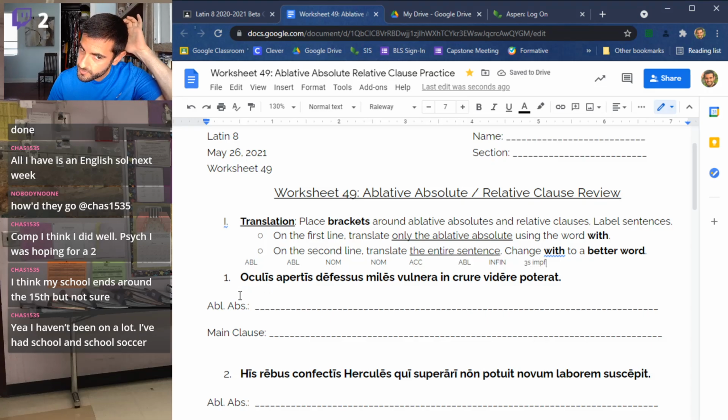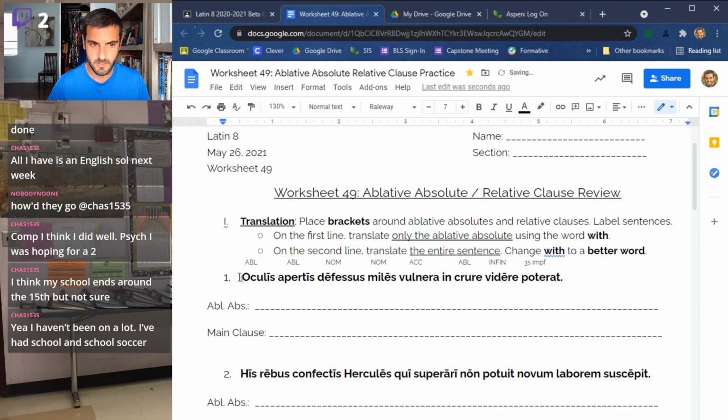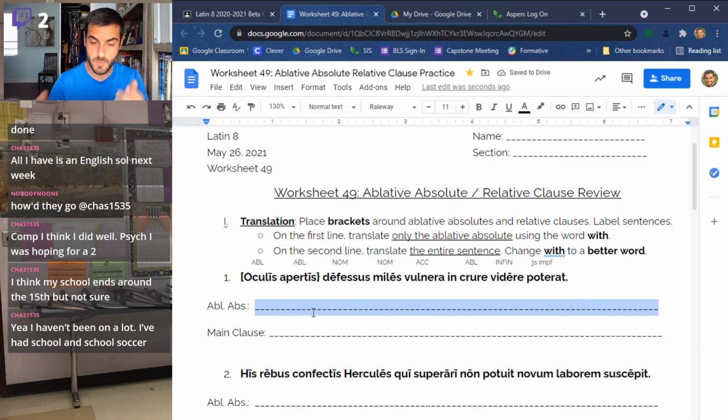So first thing I want to do is get the ablative absolute broken off. There we go. So my ablative absolute here is oculis apertis. Excellent. The first line, we're going to translate the ablative absolute just with the basic translation of with, right?